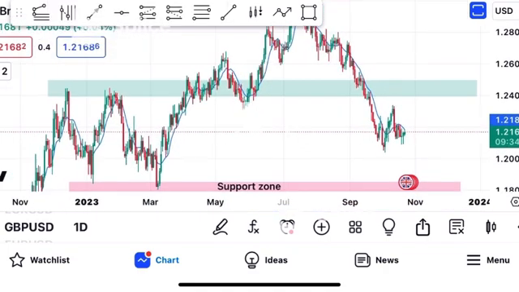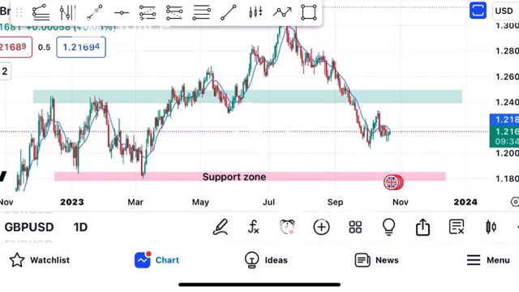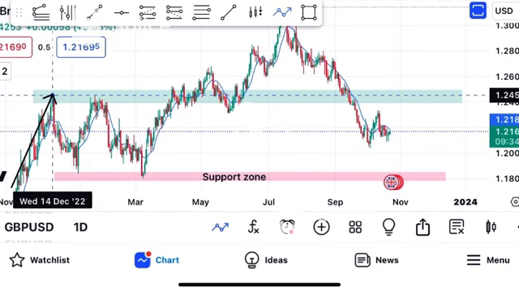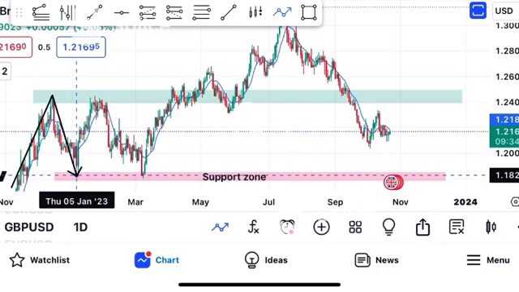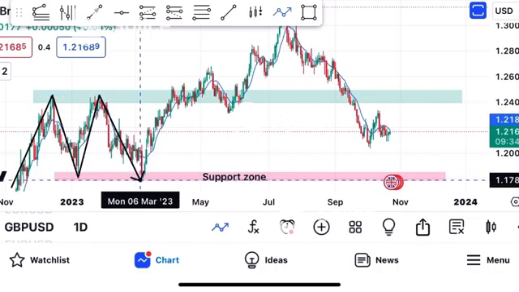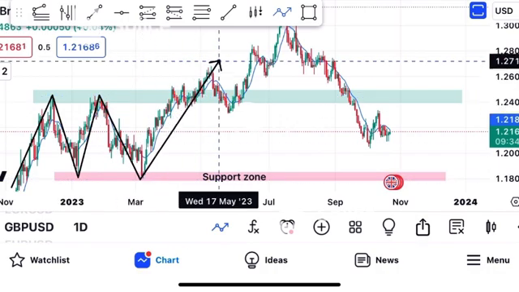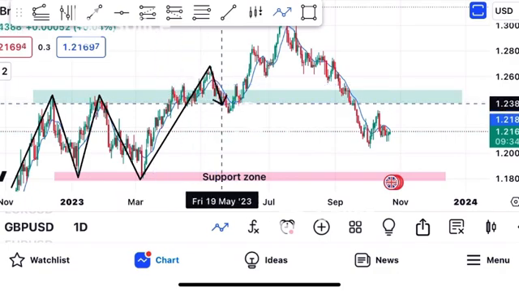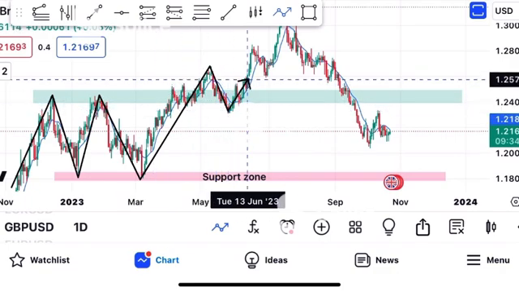So this zone right here, the price went up from this zone up to here and retraced back to this support zone and went back up. As you can see, the price has gone up to that zone severally before it eventually broke through, and after it broke through this resistance zone, it also formed another resistance there.